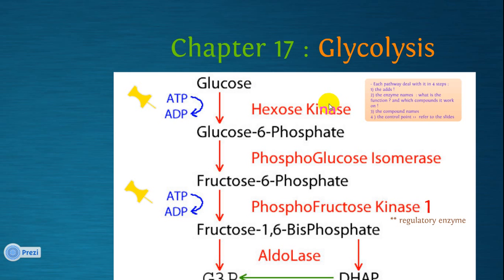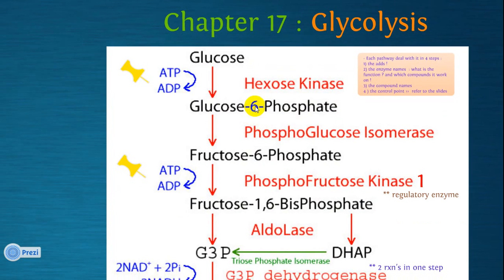So here we have a kinase, and I said that kinase will take the phosphate group from ATP and give it to another compound. Just by hearing kinase you can remember the function of the enzyme. And by knowing hexo means a 6-carbon compound, and it's referred to glucose, so I think it's easier now.